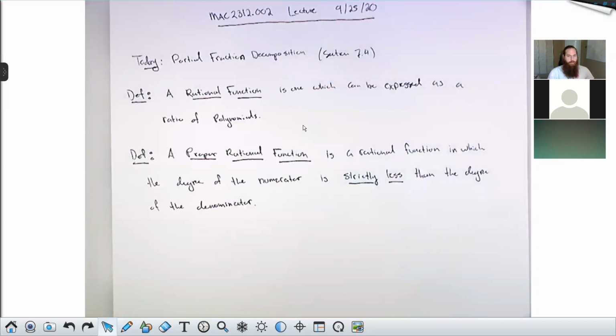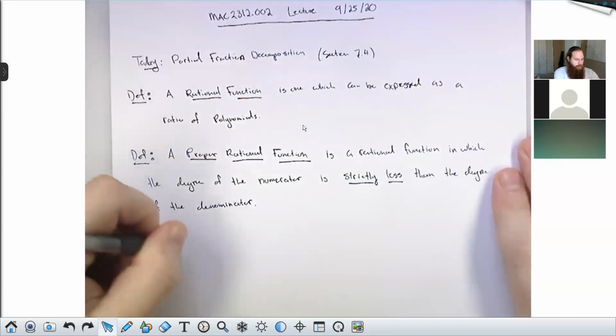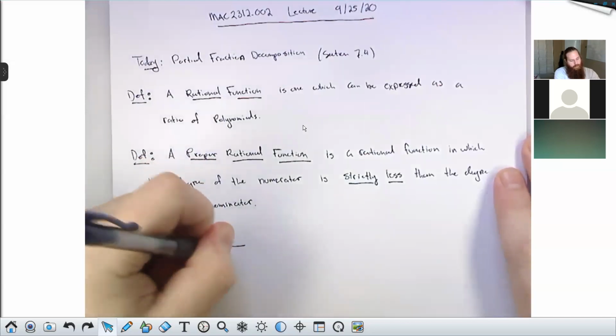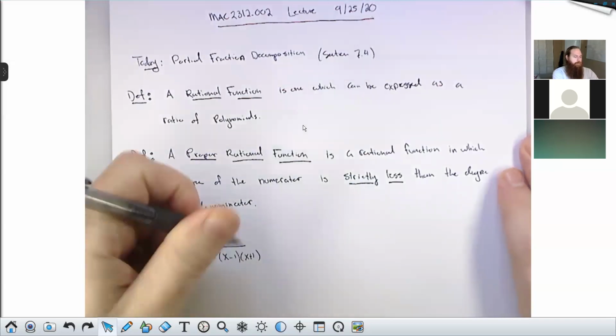So just to make sure we're comfy with these definitions, I'll give some examples. The function x over (x minus 1) times (x plus 1).